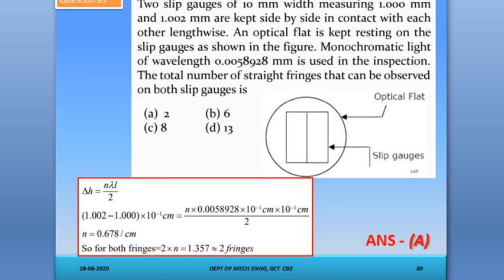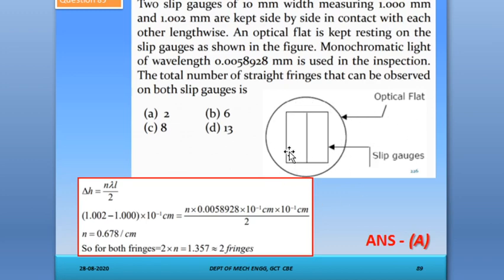Two slip gauges of 10 millimeter width, measuring 1 mm and 1.002 millimeter, are kept side by side in contact with each other lengthwise. An optical flat is kept resting on the slip gauges as shown in the figure. The outer one is the optical flat.